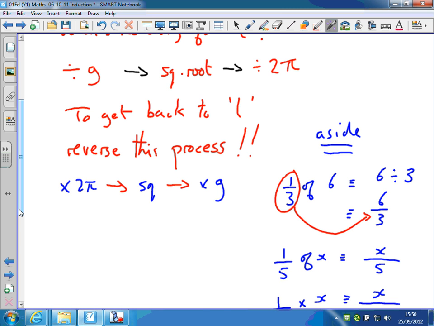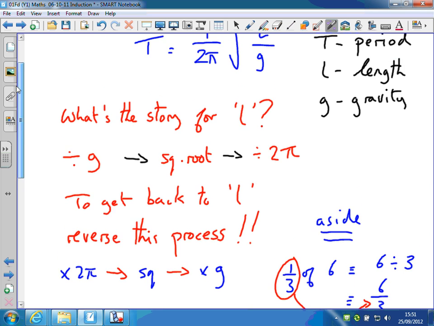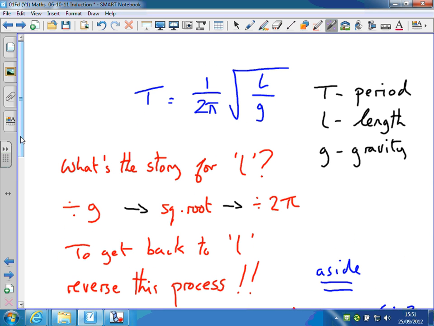So in the same way, finding a fifth of x is the same as x divided by 5. Finding 1 over 2 pi times x is the same as dividing x by 2 pi. So whenever you see 1 over 2 pi or 1 over something, you could think of it as divide by it, and that will really help when rearranging formulae.